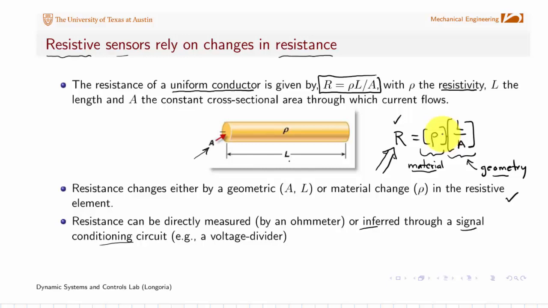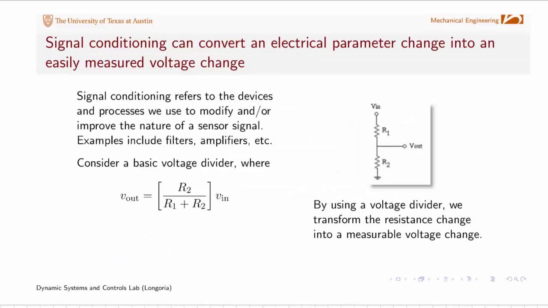Most modern day microprocessors, for example, have A to D converters that you can easily measure voltages from. So that's why we often want to dress our sensors up with a signal conditioning circuit that provides that kind of functional change. Being a little bit more explicit about that, a signal conditioning circuit can convert an electrical parameter change, in this case a resistance, into an easily measured voltage change.